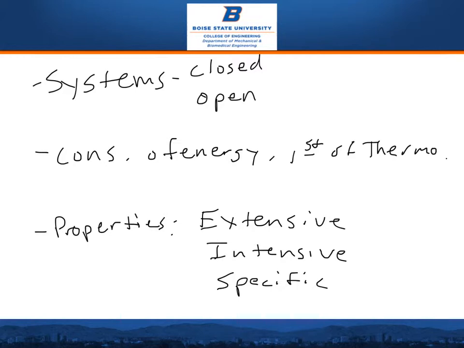Some independent properties include temperature, pressure, and density, whereas dependent include volume and energy. And then specific properties are an extensive property per unit mass, so the specific volume would be the volume divided by the mass.